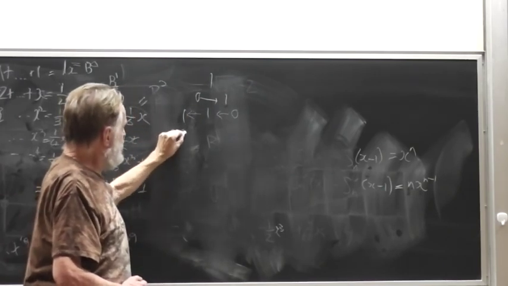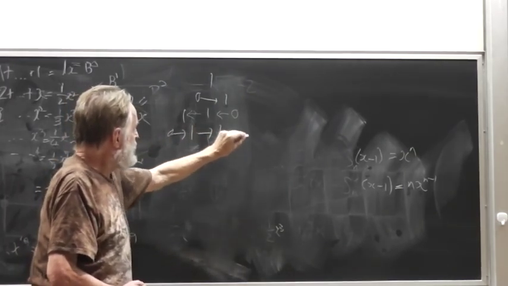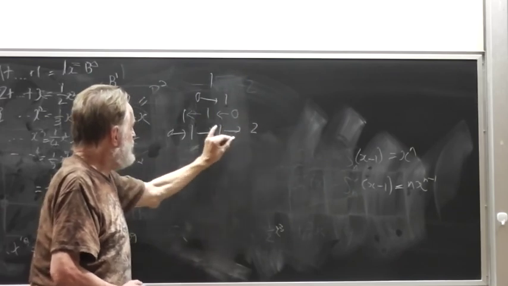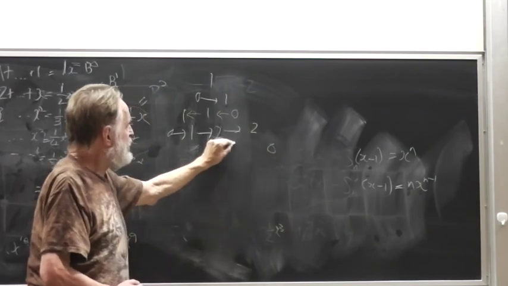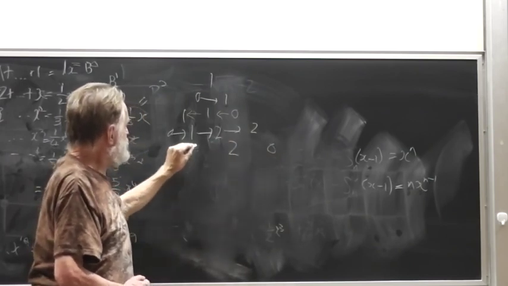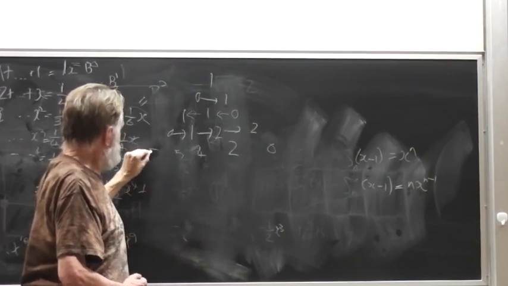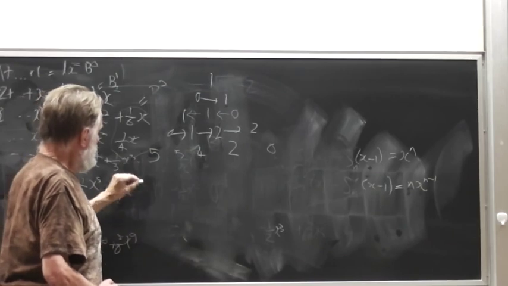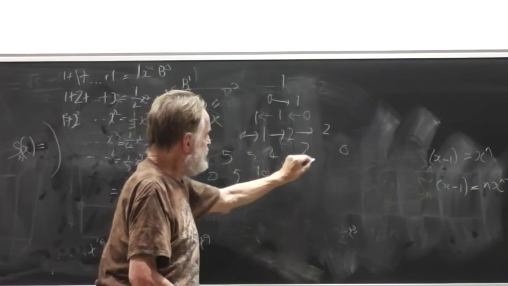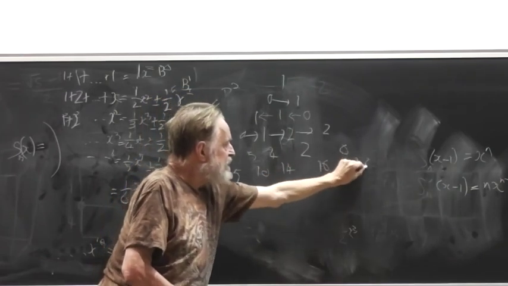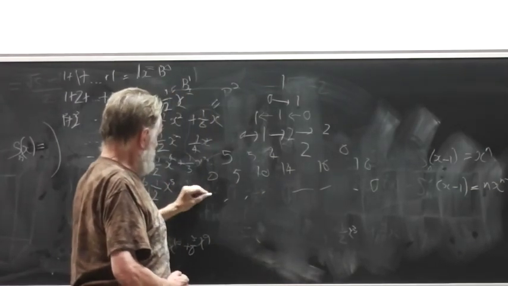Then you stick it to the left again, add 1 and I get 1, add 1 and I get 2, add 0 and I get 2 again, so that's supposed to be a 2. 0 goes backwards to 2, backwards to 4, backwards to 5, stays at 5. 0, 5, 10, 14, 16, 0, and it will come out here at 61.